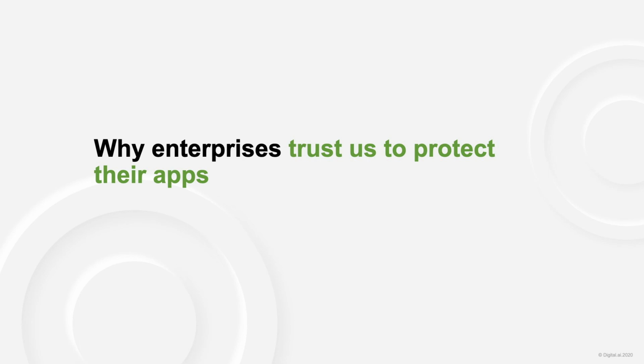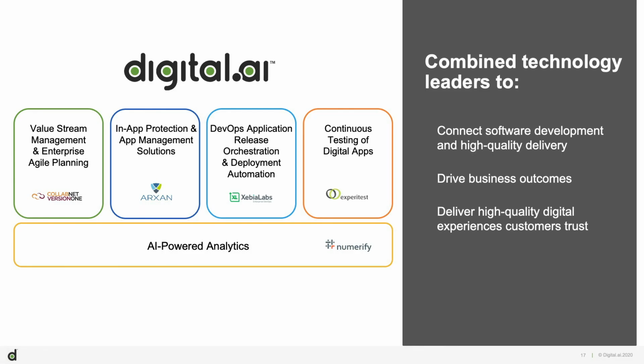Then I'll talk very quickly as to why our customers trust us, why enterprises trust us to protect their applications, and speak very quickly as well to the Digital.ai platform. So if you're not familiar with Arxan, we were acquired earlier this year by Digital.ai, as I mentioned, and we are known for our in-app protection mechanisms that we just talked about today.